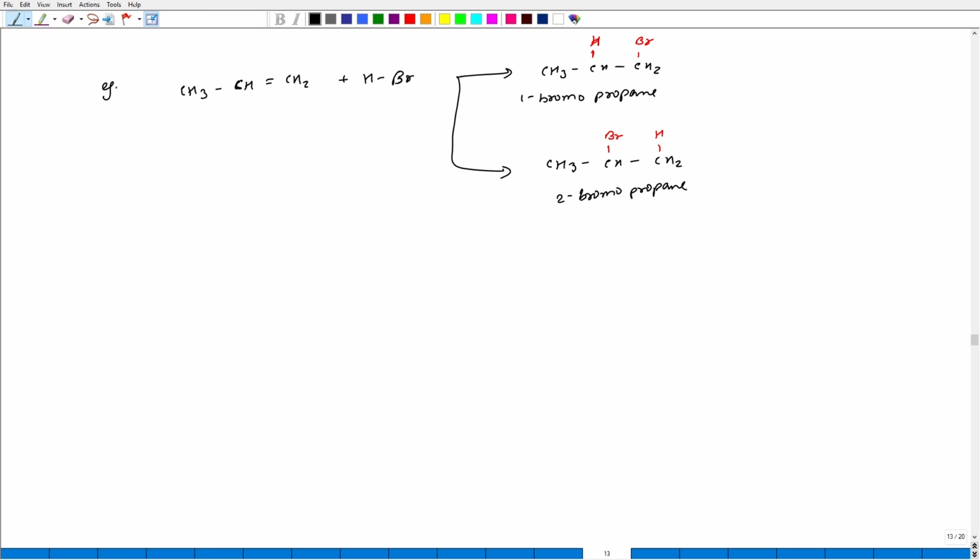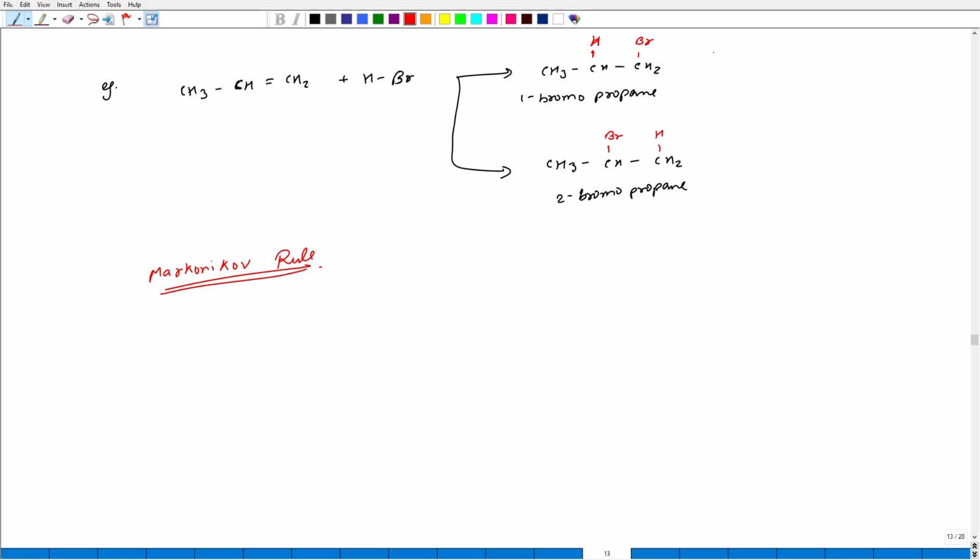Now, which isomer will be formed by using HBr in the case of unsymmetrical alkenes, we will discuss that. There is a rule for that which a scientist has discovered, called Markovnikov's rule. This is a rule which states which product is to be formed in the case of unsymmetrical alkenes on the addition of hydrogen halides.